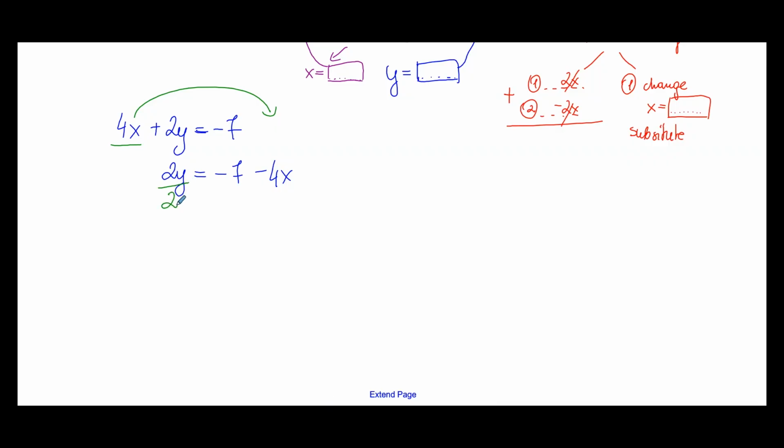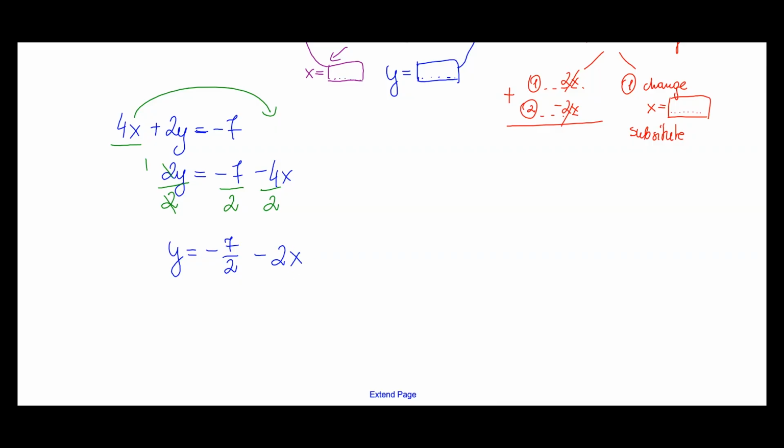That means if I divide by 2, 2 divided by 2 equals 1, and 1 multiplied by y is y. However, if I divide one side, I have to divide the other side as well. So we are left here with y. On the other side, I have minus 7 divided by 2, and then minus 4x divided by 2. If we put that in the calculator, it's not going to simplify the first part, but minus 4 divided by 2 is minus 2, and let's not forget x.